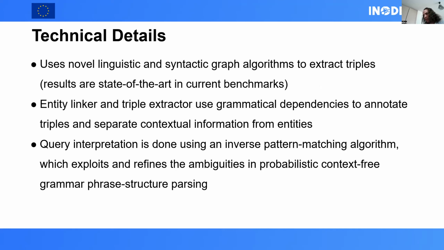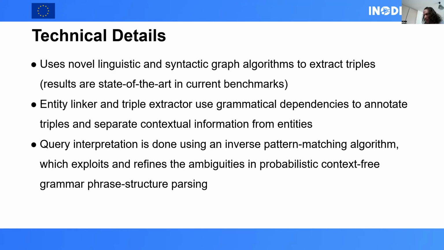The triple extractor portion of the system is state-of-the-art in the current benchmarks. So the extracted knowledge should have a high precision. And the entity linker and the triple extractor, in addition to being high quality, also provide additional information because of the linguistic algorithms used.